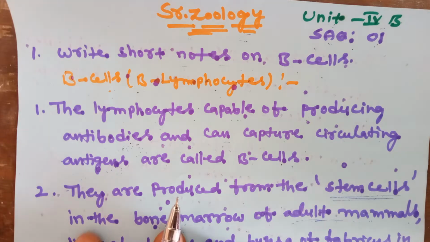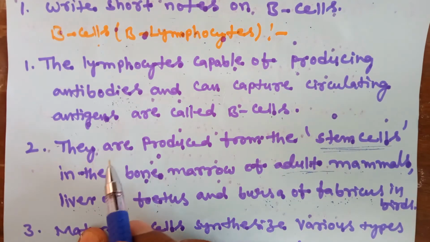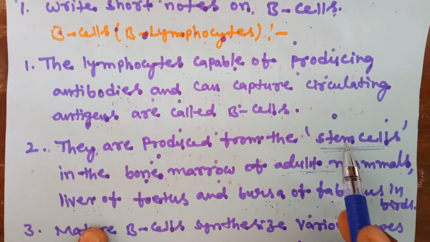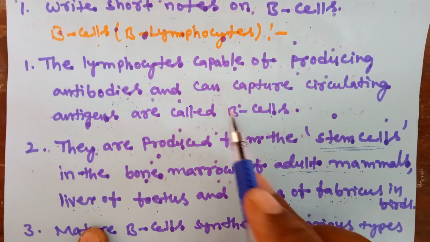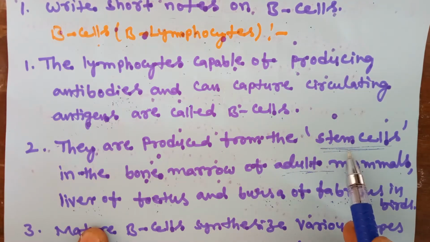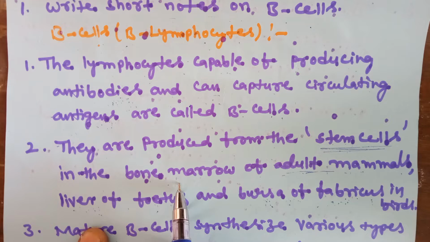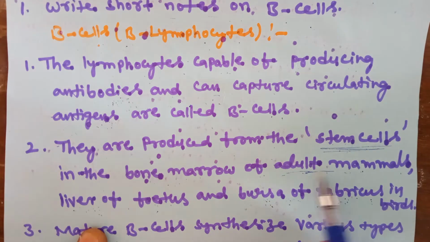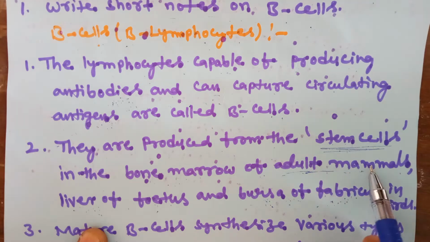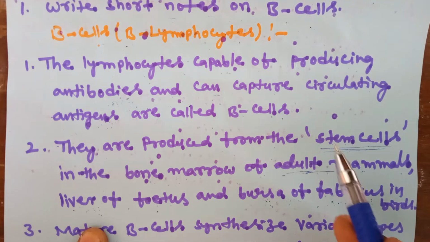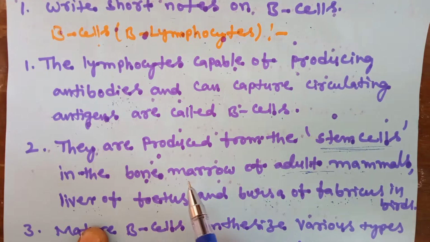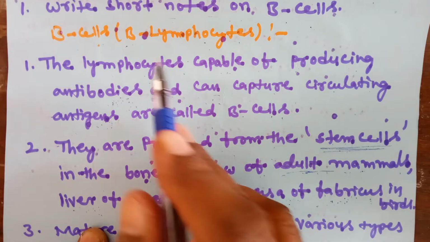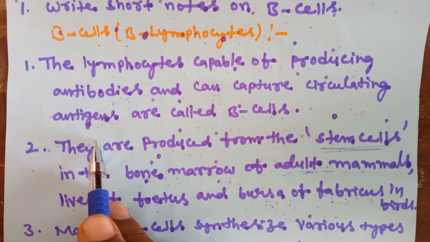How are these lymphocytes produced in our body? They are produced from the stem cells in the bone marrow of adult mammals. After birth, antibodies are naturally developed: the bone marrow produces stem cells, which produce lymphocytes, which produce antibodies.